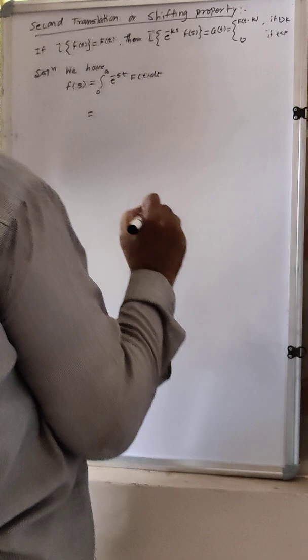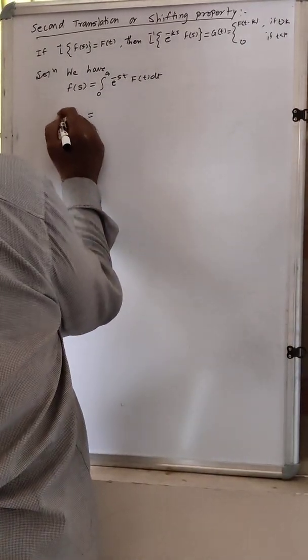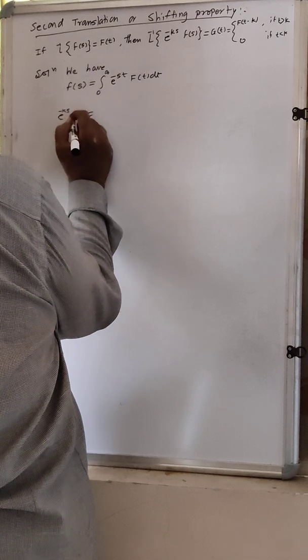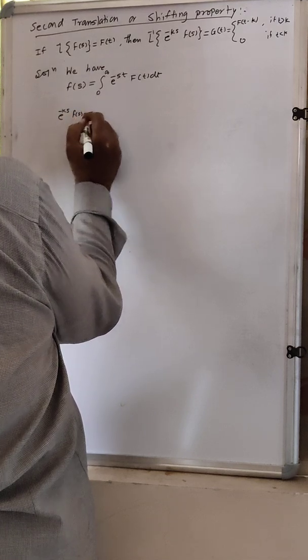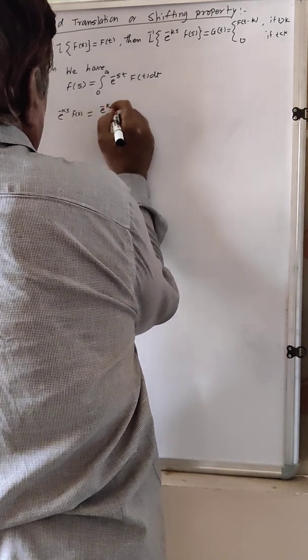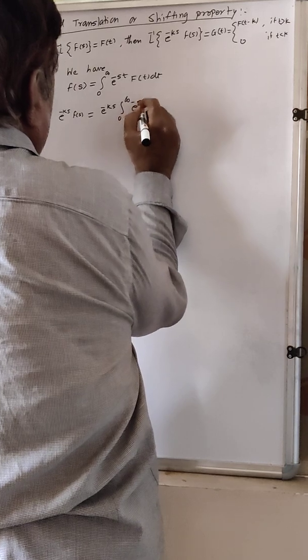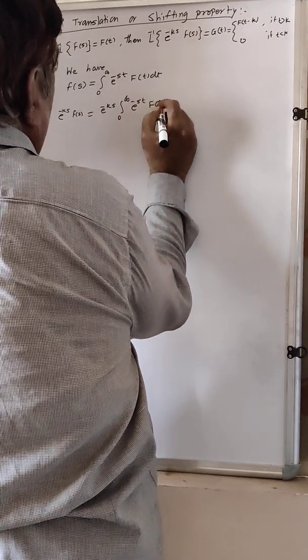Multiplying both sides by e raised to minus ks, e raised to minus ks F(s) is equal to e raised to minus ks times the integral from 0 to infinity of e raised to minus st f(t) dt.